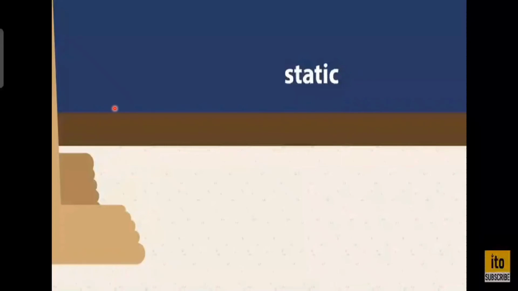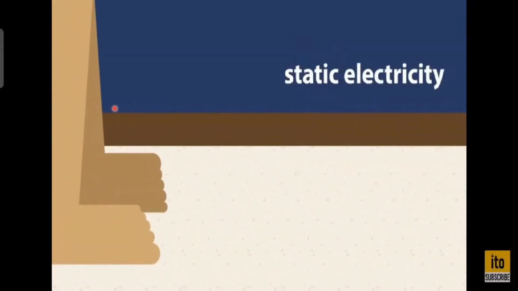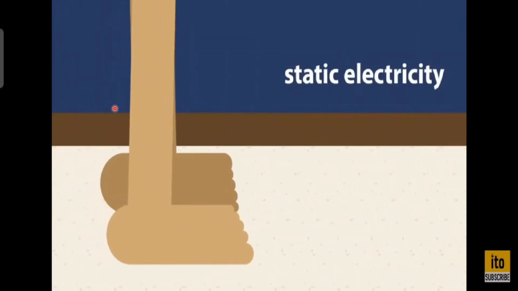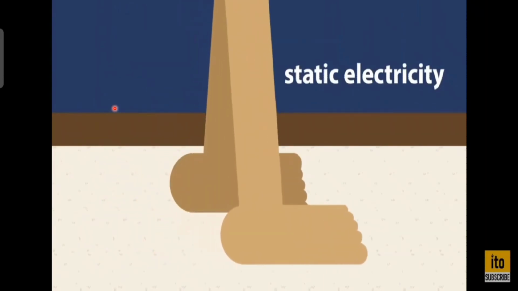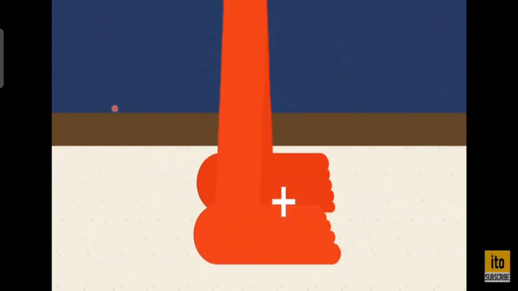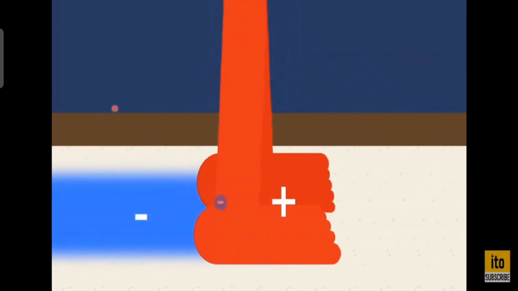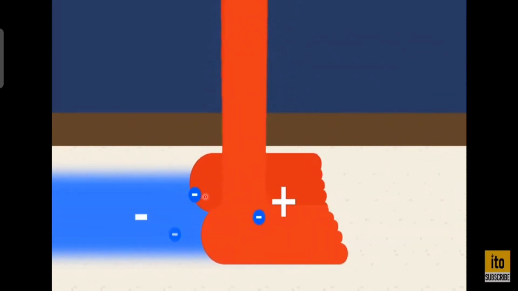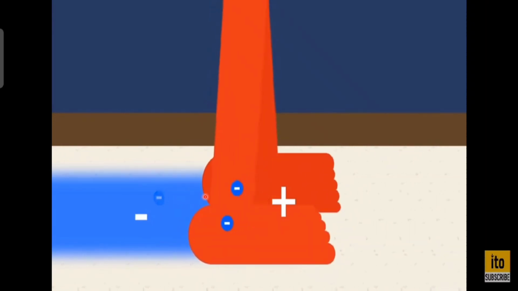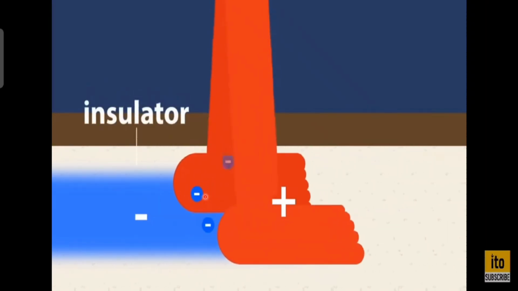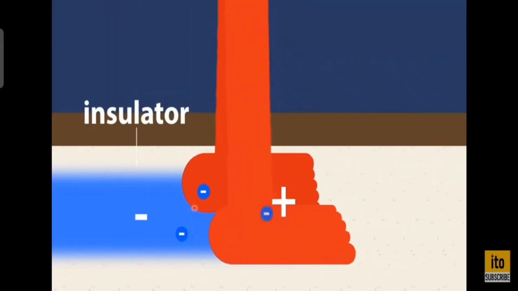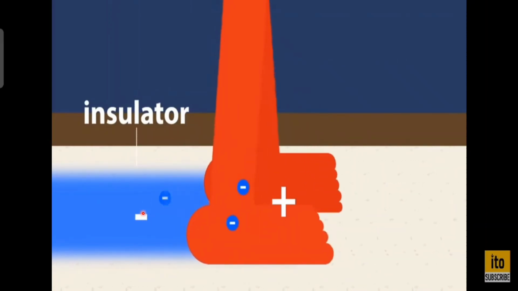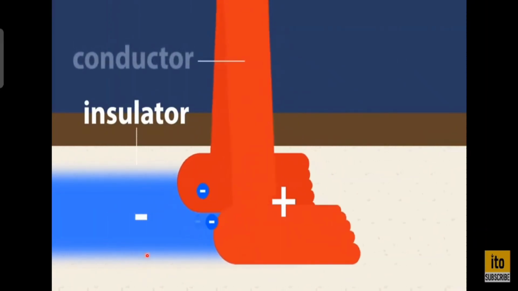So let's have this one. Static electricity happens when, for example, you are shuffling your feet on a nice and soft carpet. You build up a positive charge because the negatively charged electrons will be trapped or lost in the carpet, as you see in this example.